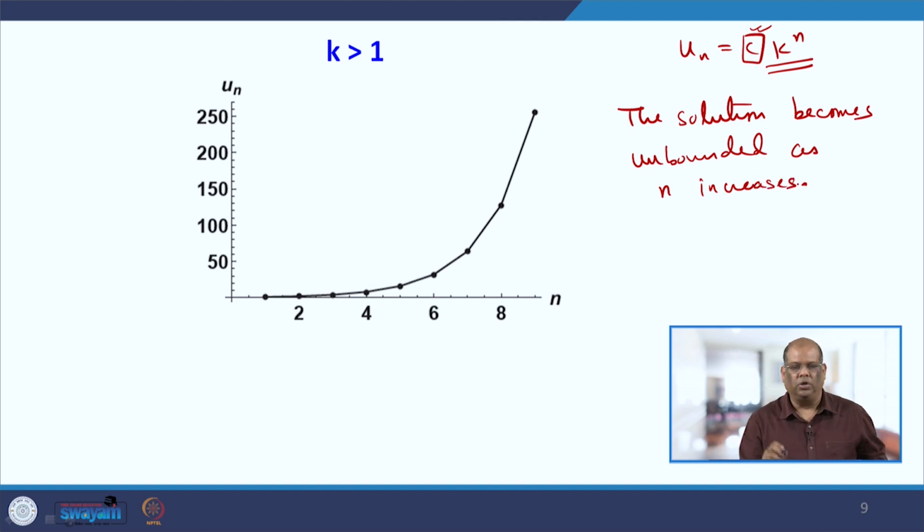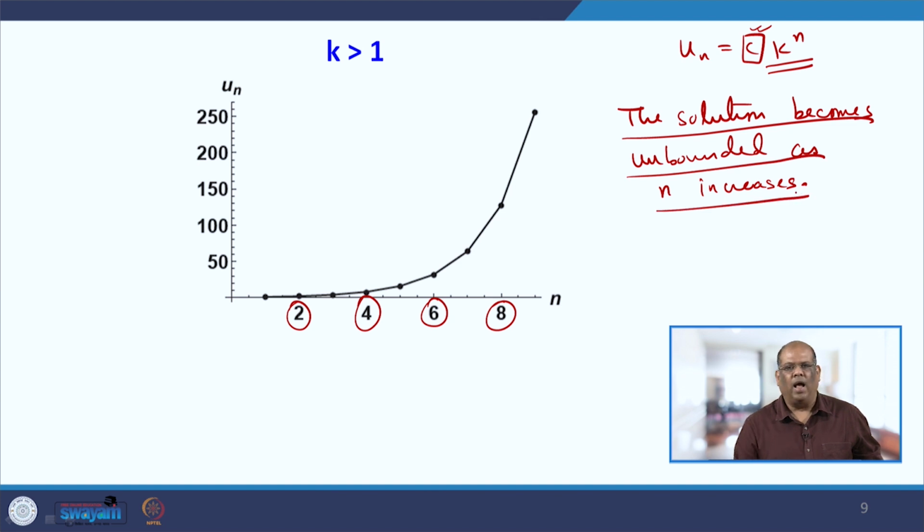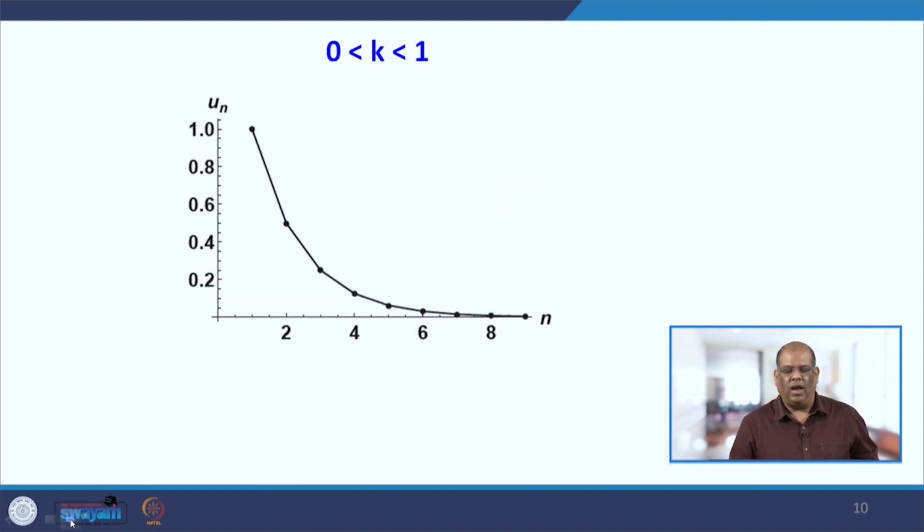Since this is a solution of a discrete equation, you can see that it is given 2, 4, 6, 8. So, it starts with 0, 1, 2, 3, 4, 5, 6 like that. So, if k is greater than 1, our conclusion is the solution becomes unbounded as your n increases. Basically, you have to remember these kind of dynamics. If your k lies between 0 and 1, you can see it starts from some initial value and slowly decreases to 0.